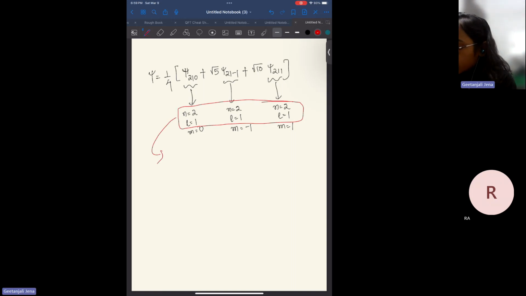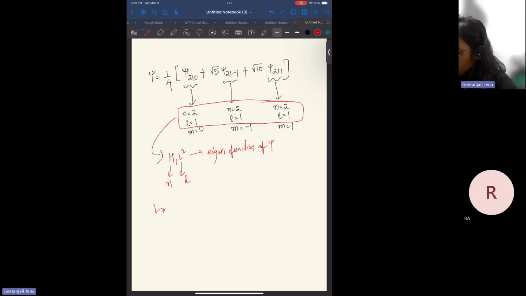So that means H and L square will be eigenfunctions of psi, because n corresponds to H and small l corresponds to L square.